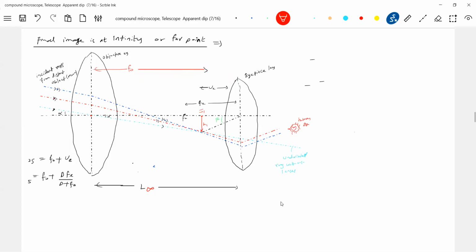This is also called normal adjustment. This condition.